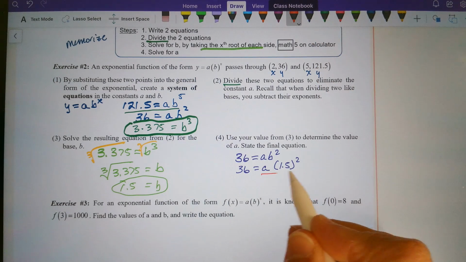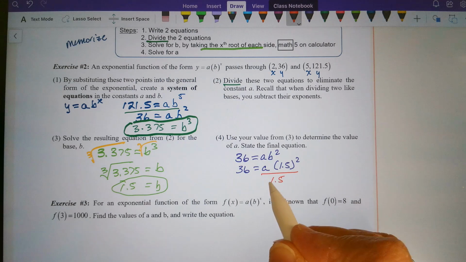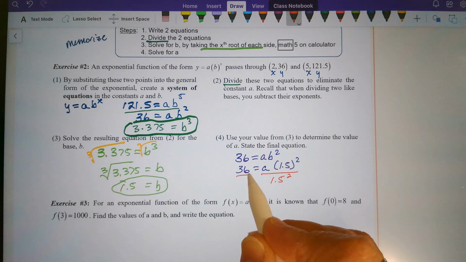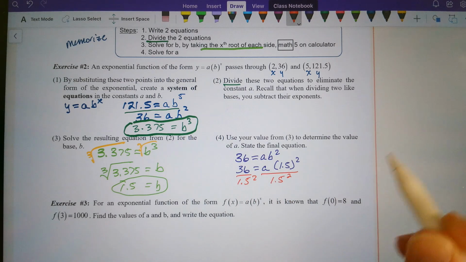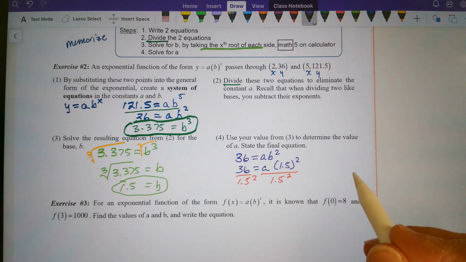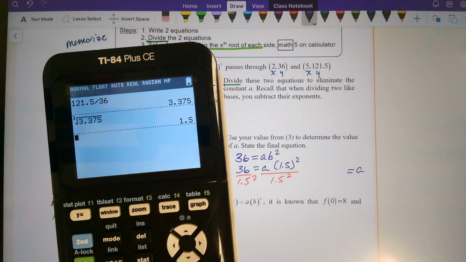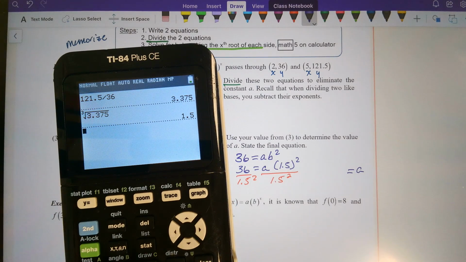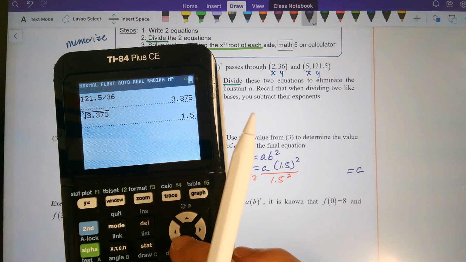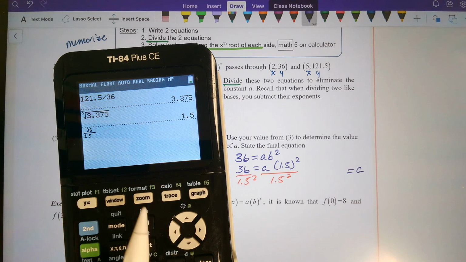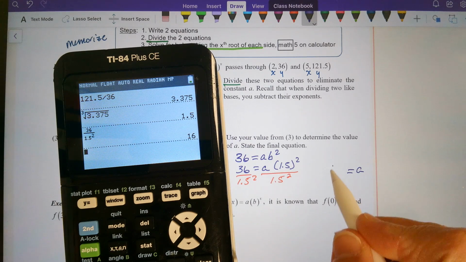I'm not going to bother squaring that. We've got a calculator, so let's just divide both sides of our equation by 1.5 squared. So on the calculator, 36 divided by 1.5 squared. I'll put it in as a fraction, just as it looks here. 36 divided by 1.5 squared is 16. So a equals 16.